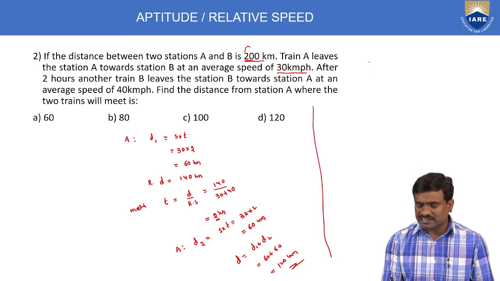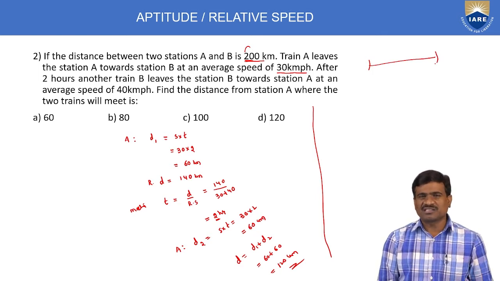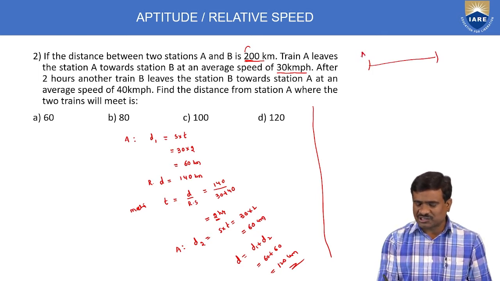If the problem belongs to opposite direction, just calculate only this. Suppose this point is called the meeting point of the two trains.